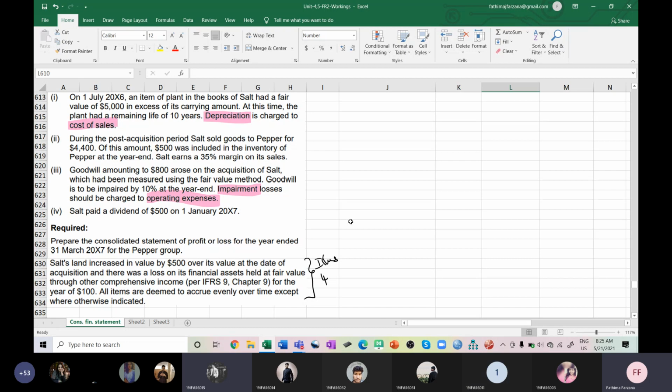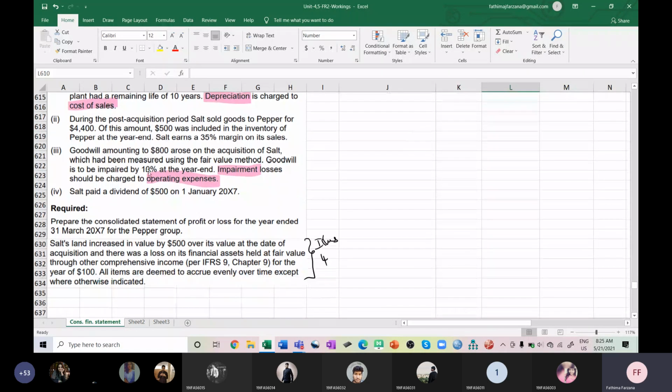It's a gain. So where will it come? OCI. So I'm not going to do any calculation because they have themselves given the gain. Leave that 500. What is this 100? Financial asset, IFRS 9. Loss, ma'am.